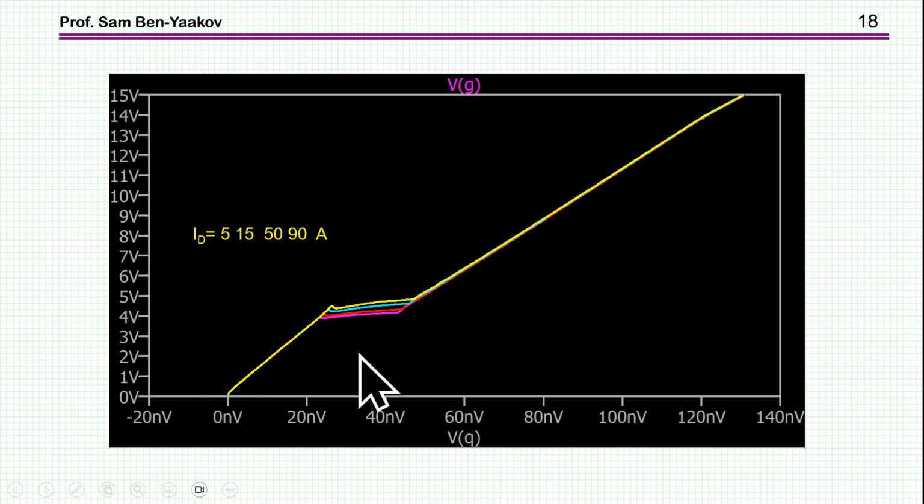Likewise, we can also see what is the effect of the drain current. And what we see here, that the drain current is causing this curve, this plateau, to go up as the current is becoming larger. And the reason is that in order to get to the point that the drain voltage will start dropping, you have to get to the current, in our case, the current of the current source.